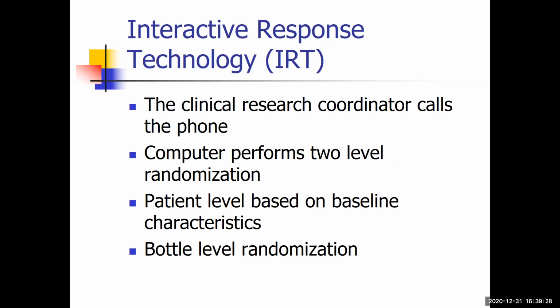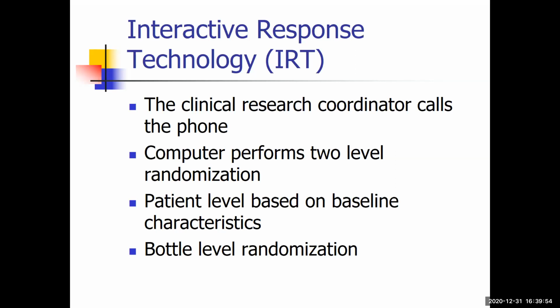Now, when there's drug shipment, the IRT, or this contract research organization, will notify the pharmacy to send maybe 20 bottles to clinic number 1, or investigator number 1, or center number 1. And they give the pharmacy the bottle numbers you need to ship.